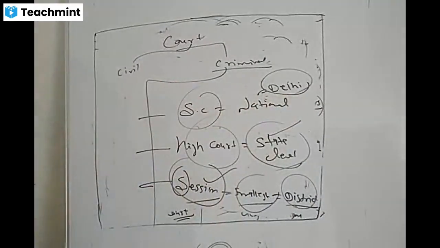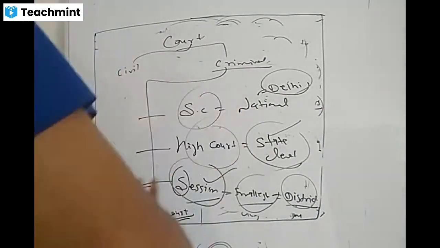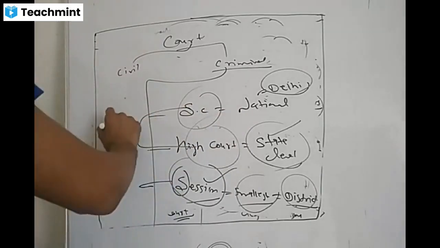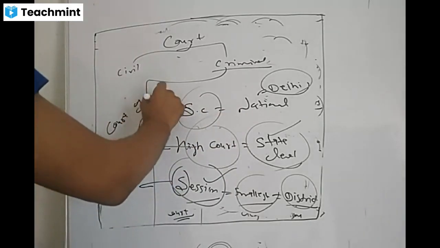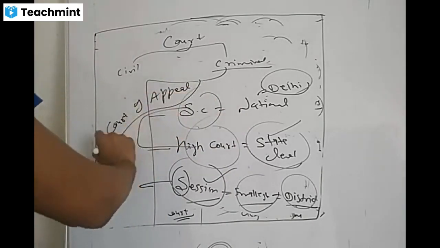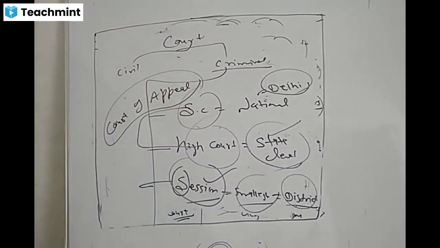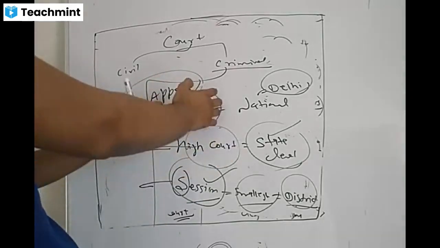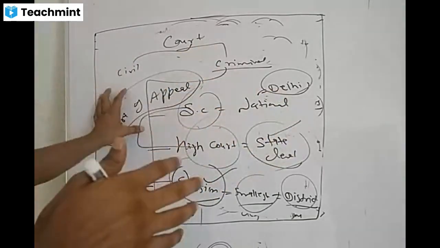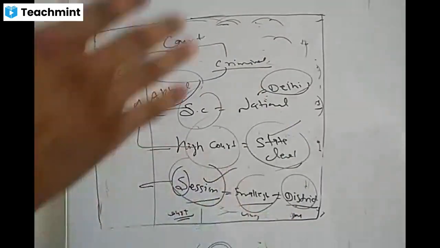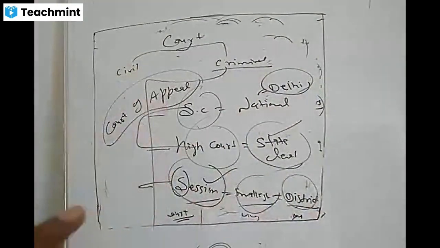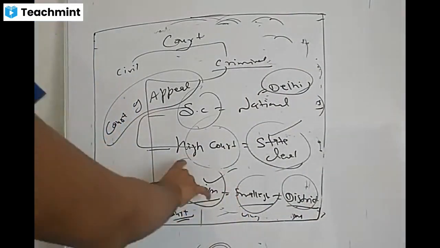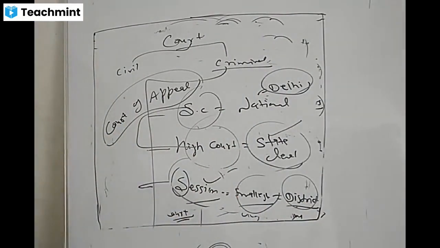What is the difference in these three? These two, Supreme and High Court, are called Court of Appeal. It means you cannot go directly to High Court and Supreme Court. The trial of your case will first begin with the session court.